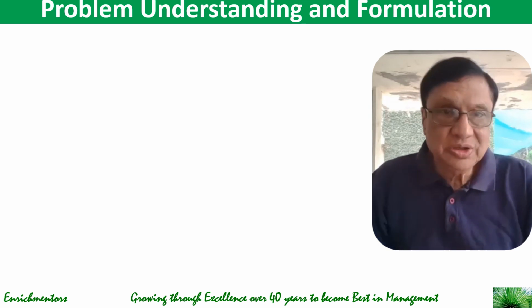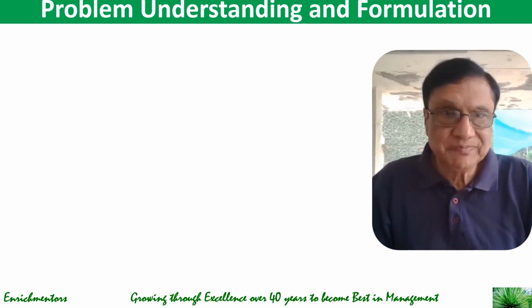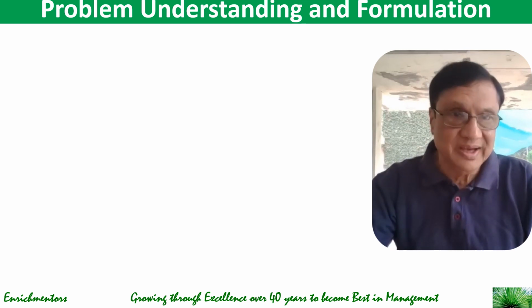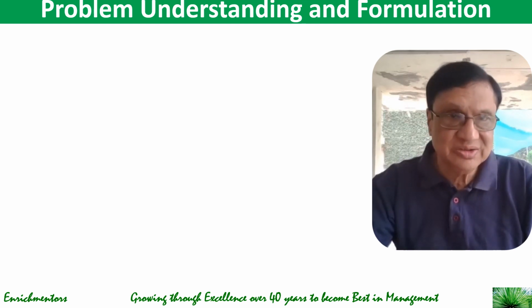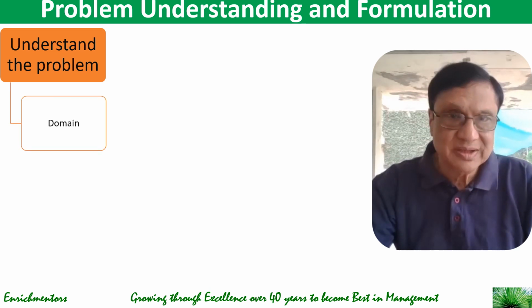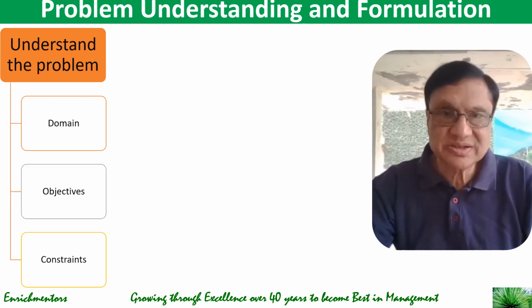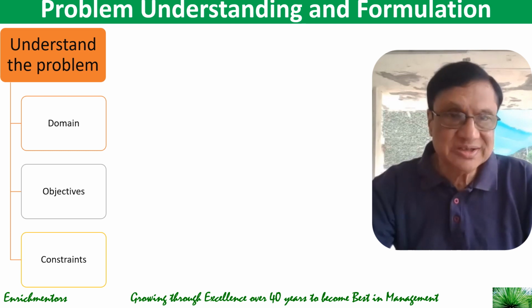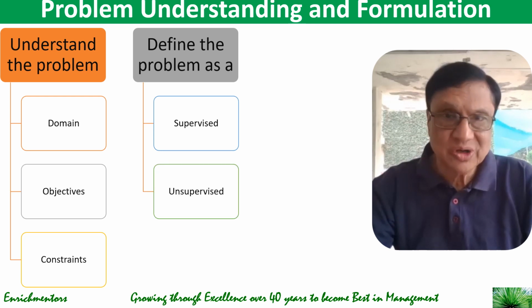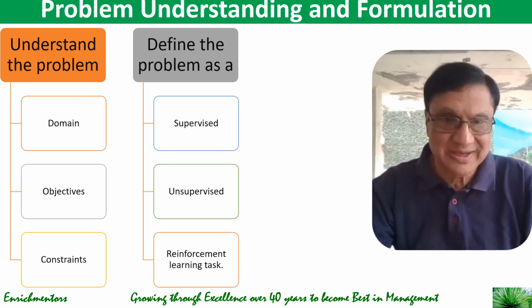So the first thing you need to do is the problem understanding and formulation. And there are three things that you need to do. First, understand the problem domain, objectives, and constraints. The second is to define the problem as a supervised, unsupervised, or reinforcement learning task.